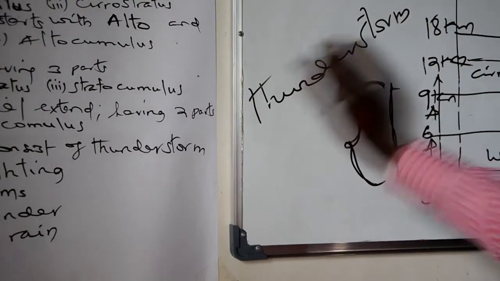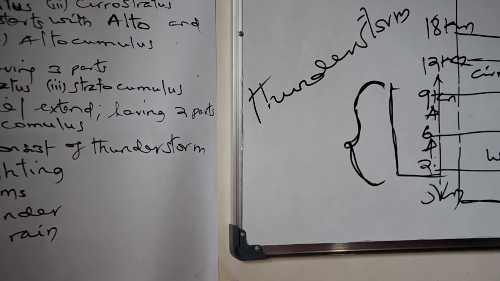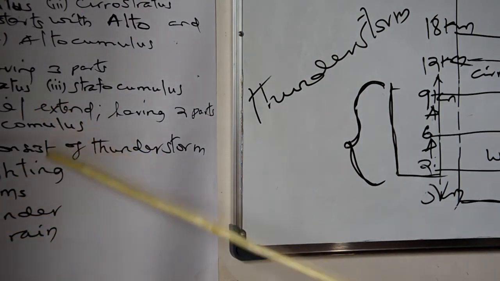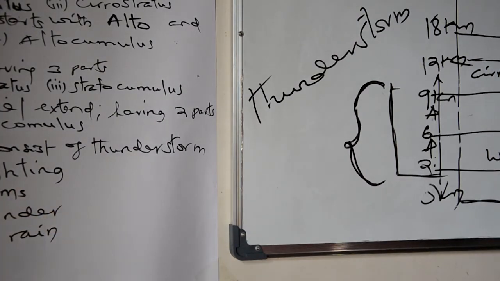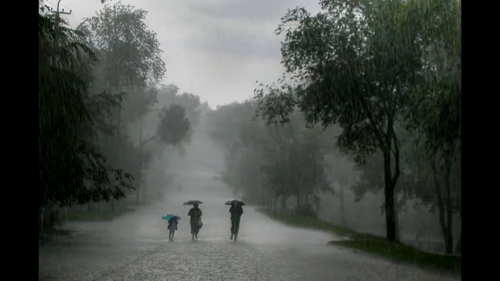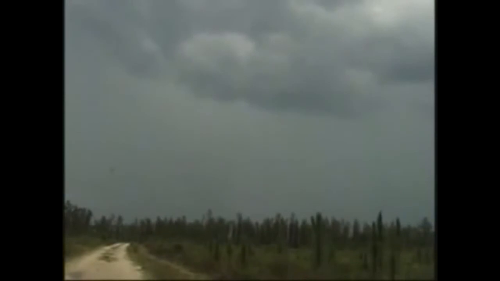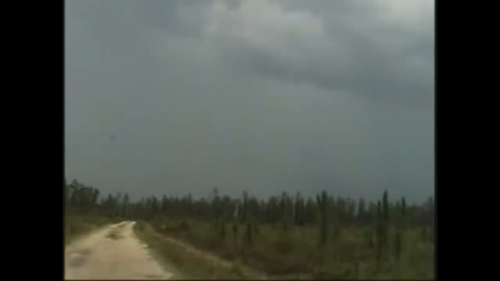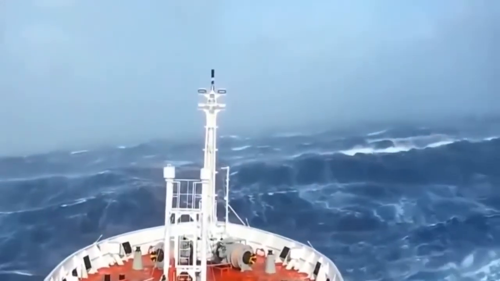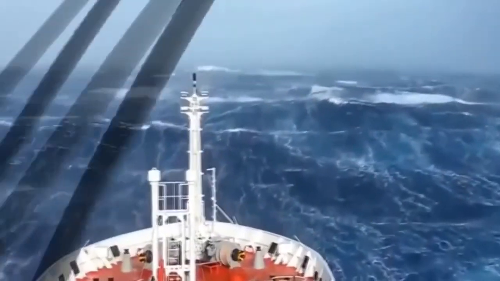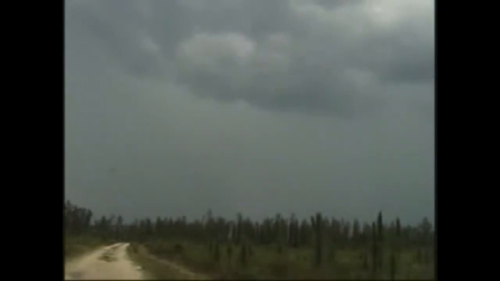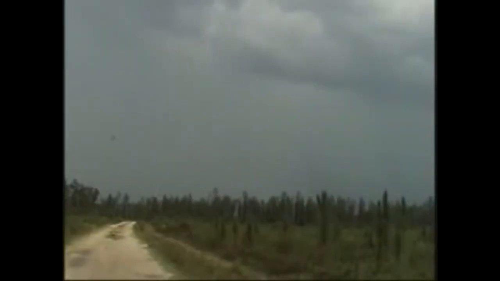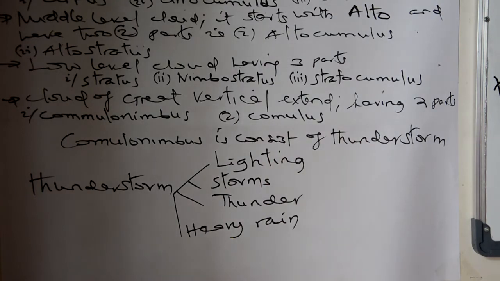Thunderstorm, this is a word which consists of 4 things. There is lightning, there is the storm, there is the thunder, there is heavy rain. Lightning in Swahili is called radi. Storm, this is strong wind, upepo mkali sana. Thunder, these are sounds taking place whenever there is lightning. It can sound bum bum bum, and you can run away quickly.